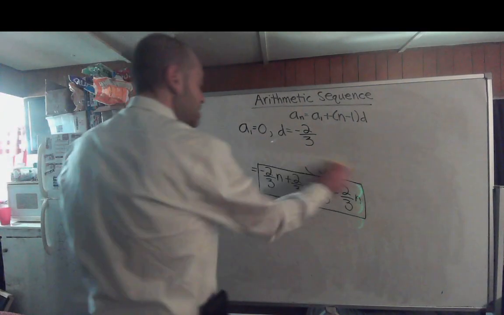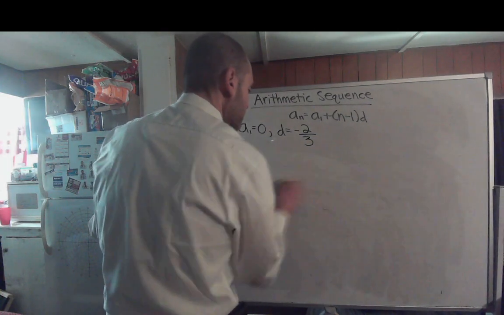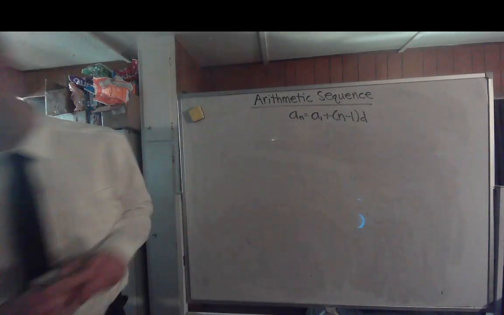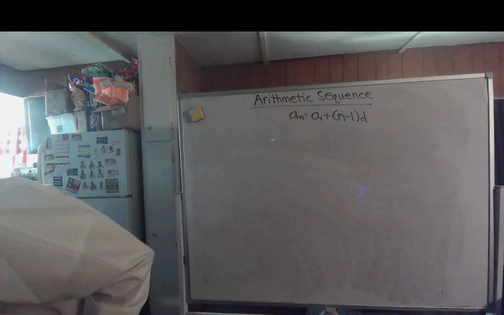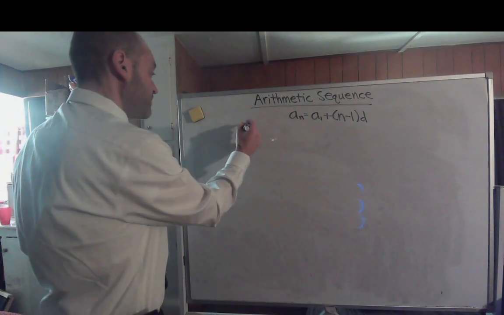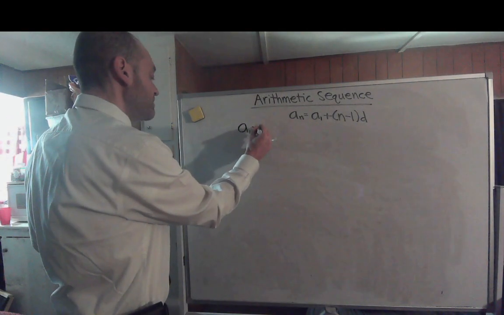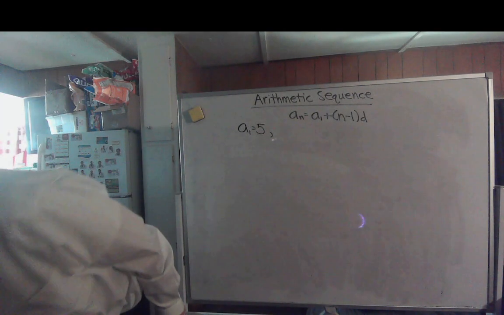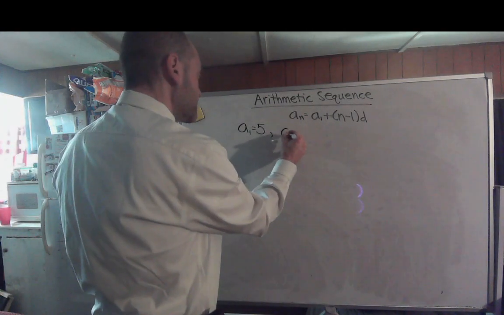Now I'm going to make this mildly harder. Let's say they give you the first term is 5. We're given the first term, but they don't give us the common difference.